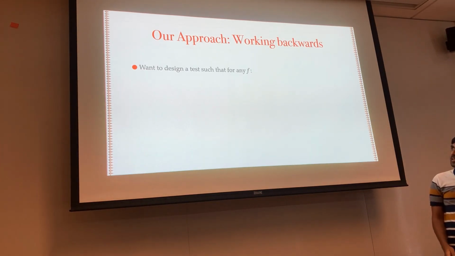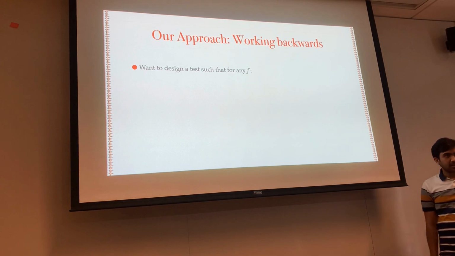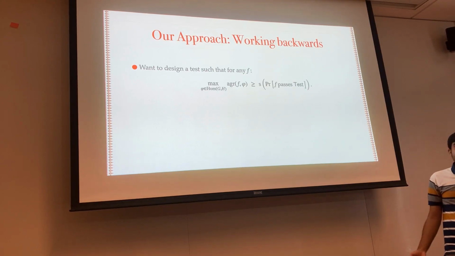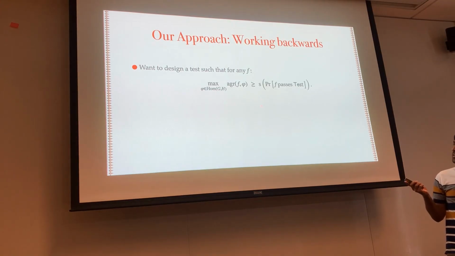Okay, so the key thing is actually to work backwards. Instead of coming up with a distribution, let's start with what we want. We want a low query test such that the max over all the agreements is at least some function of the test passing probability. If we had this, we'd have the soundness guarantee.